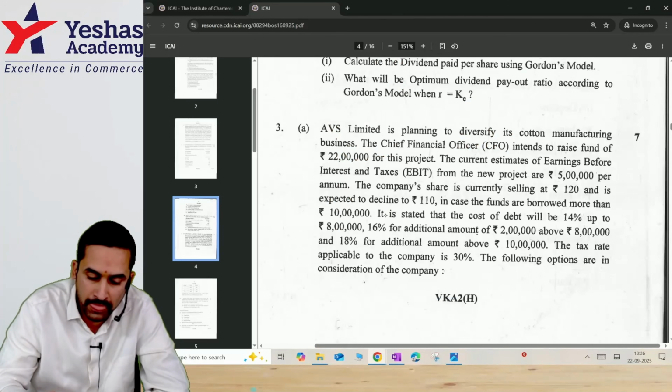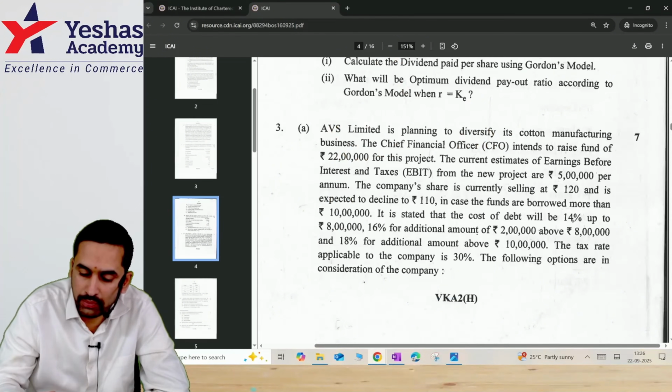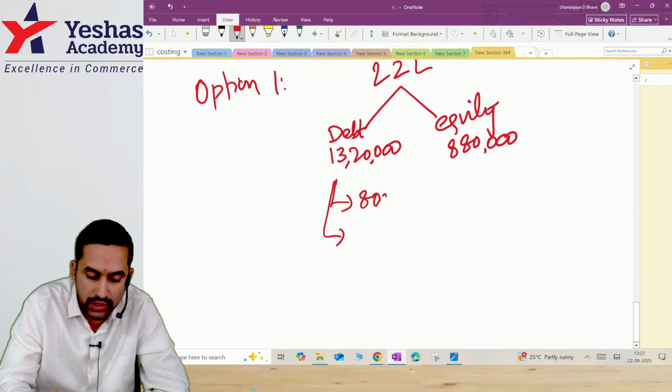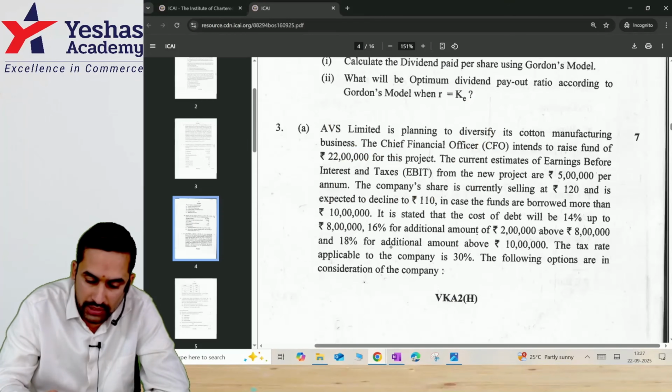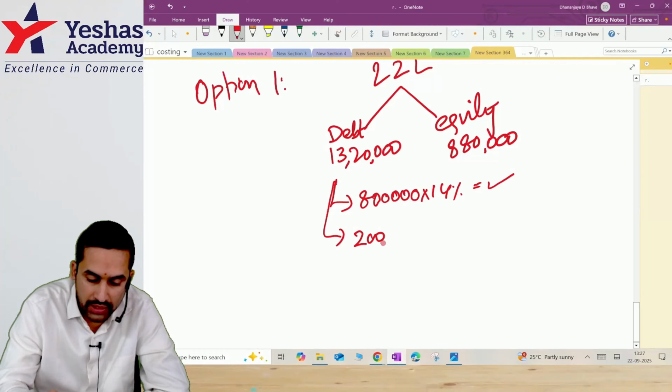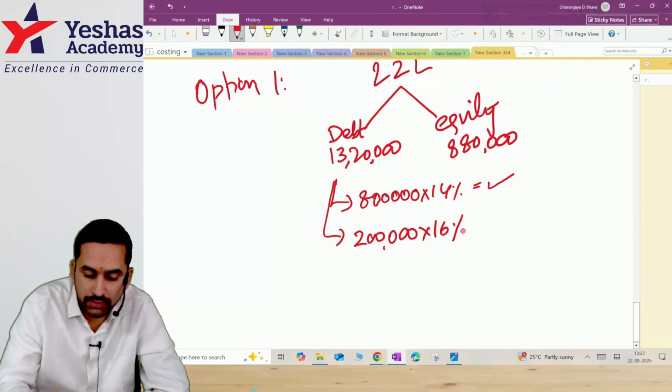Observe this part. It is stated that the cost of debt will be 14% up to 8 lakh. That means I should do 8 lakh into 14%. One number is ready. And then here they said for additional amount of 2 lakh above 8 lakh, I have to pay 16%. That means next 2 lakh, I have to pay 16%.